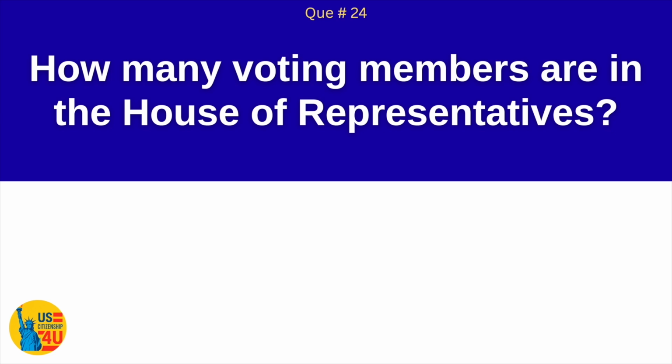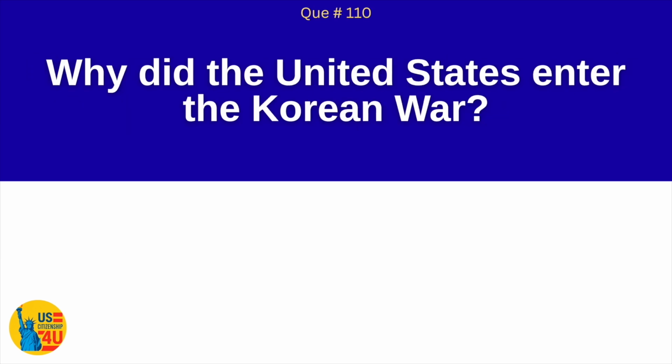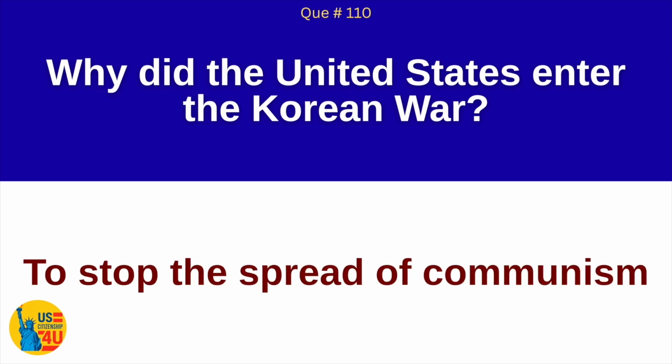How many voting members are in the House of Representatives? 435. Why did the United States enter the Korean War? To stop the spread of communism.